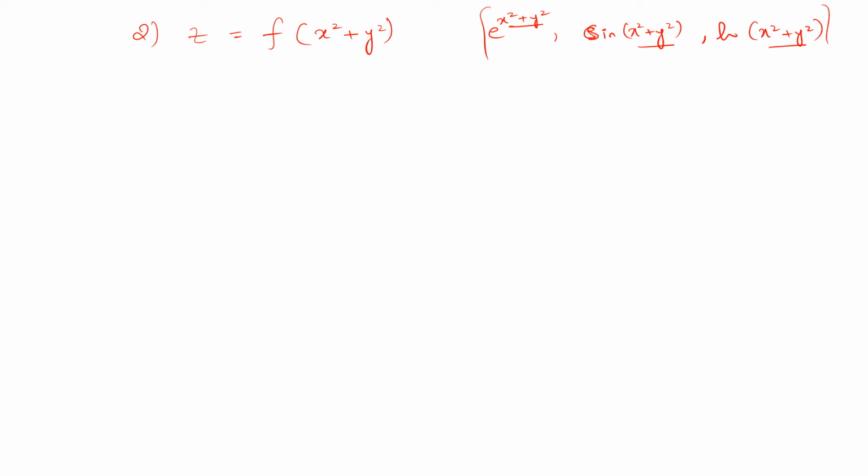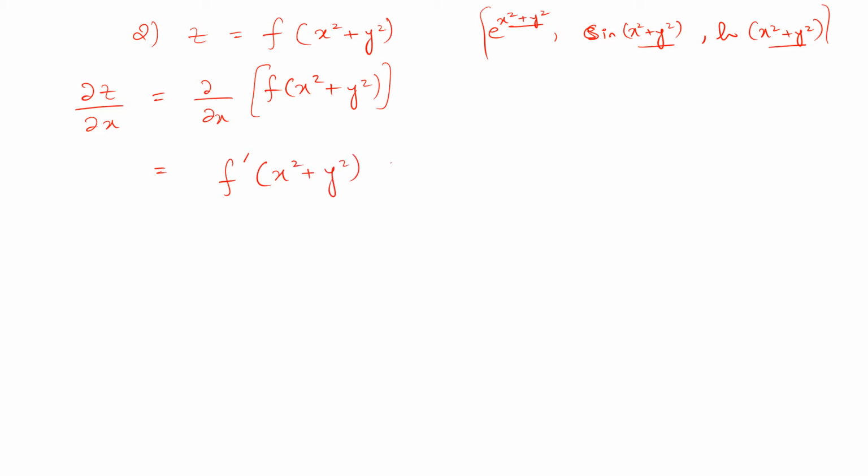So what we will do is the same. We will differentiate partially with respect to x first. When I differentiate this function with respect to x, first of all I will get the derivative of the function, that is f prime of x squared plus y squared, and then multiplied by the partial derivative with respect to x of x squared plus y squared.